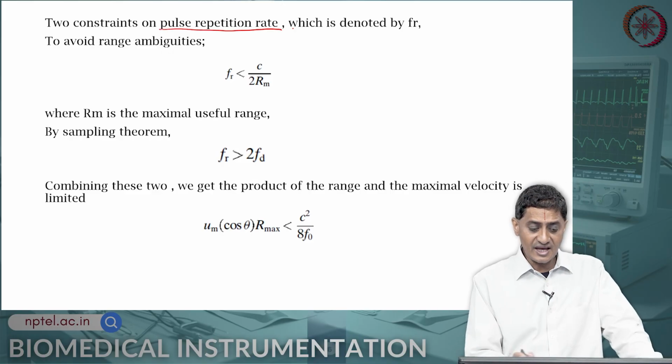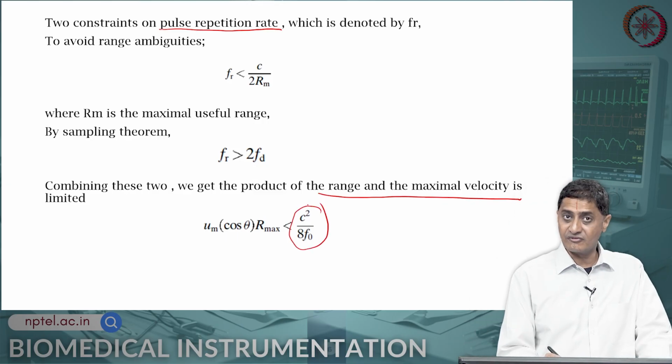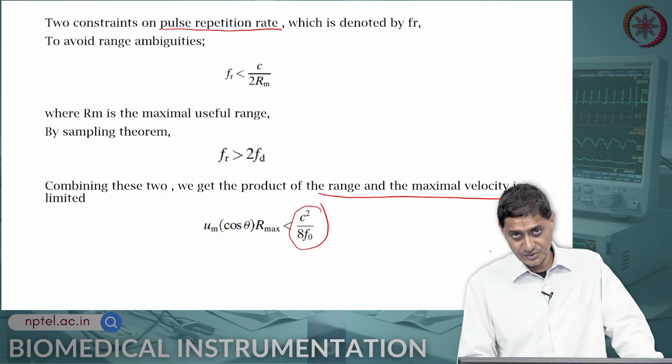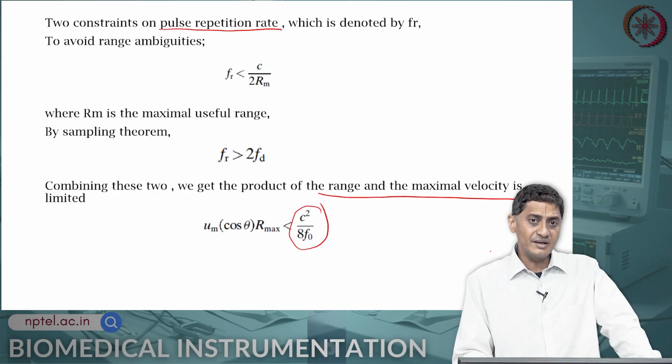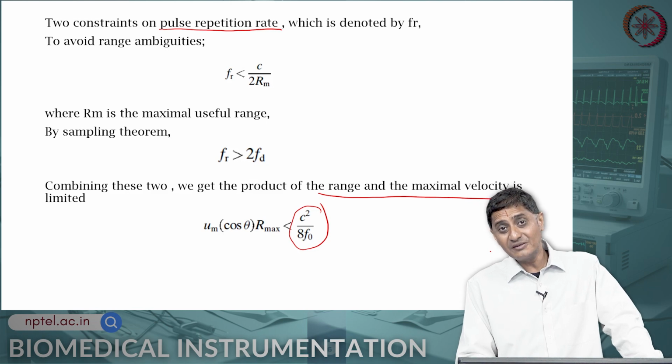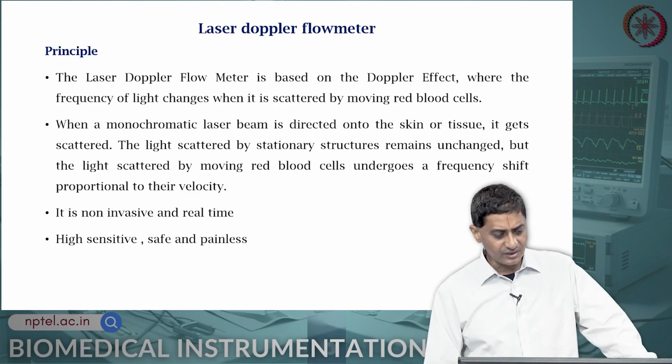So, essentially I have a product of the range and the maximal velocity that is a function of c squared by 8 times Fo, where Fo is the source frequency. Now, that means because these are products, u max times R max, I cannot maximize both simultaneously. I can have an optimum between the two, but I cannot have maximum in the two because these two are products.